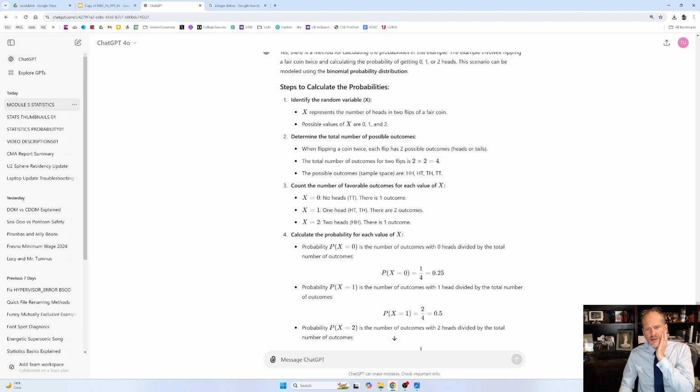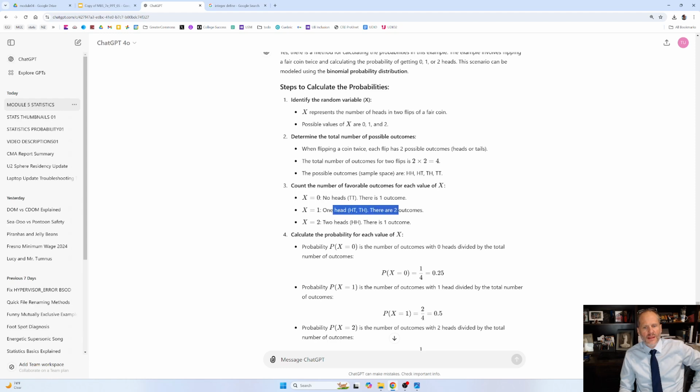We could get tails in both flips. For each flip, there are these 4 possible outcomes. Count the number of favorable outcomes for each value of X. For no heads, there's 1 outcome.